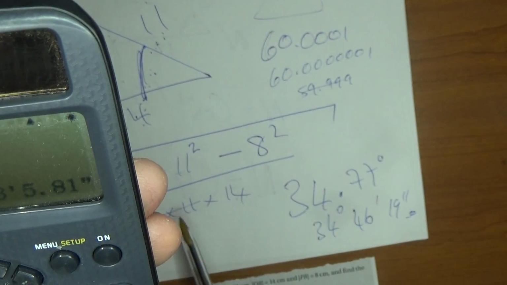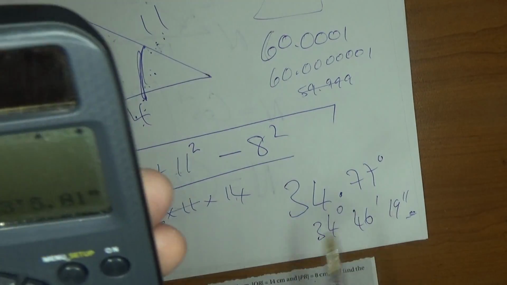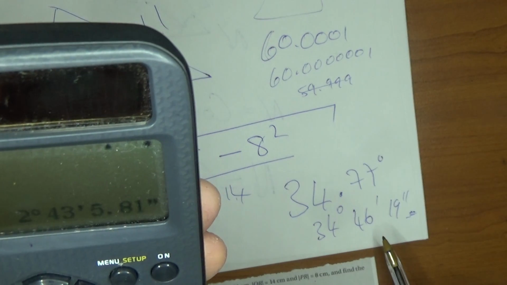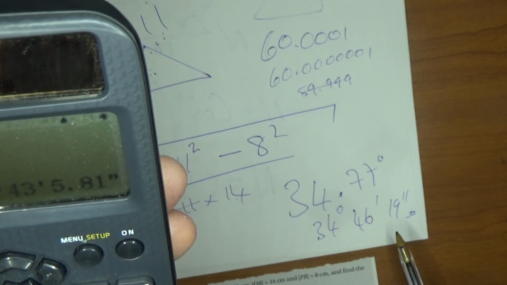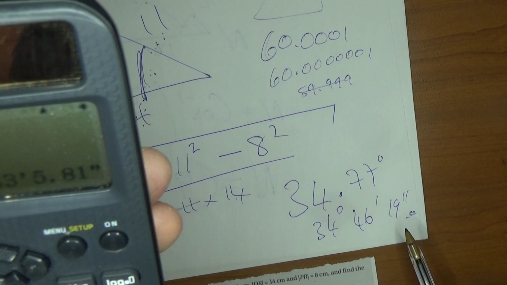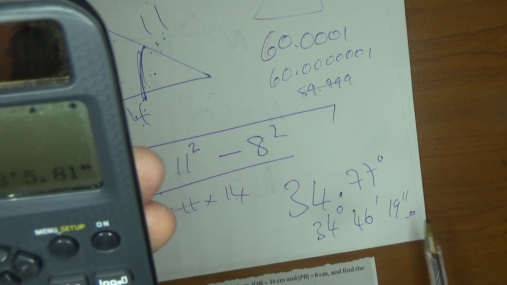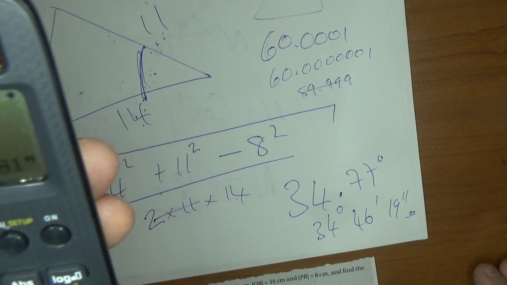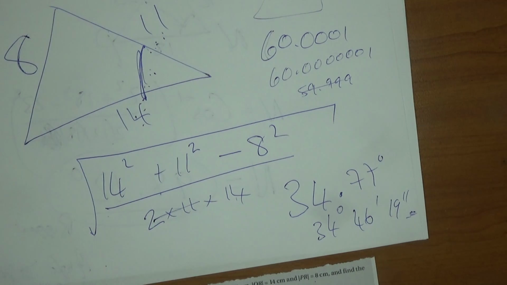For some reason, whatever way that one worked out, 11, 14 and 8, it seems to have been exact, which is quite a surprise. Anyway, there we go. So that's question 7 done.